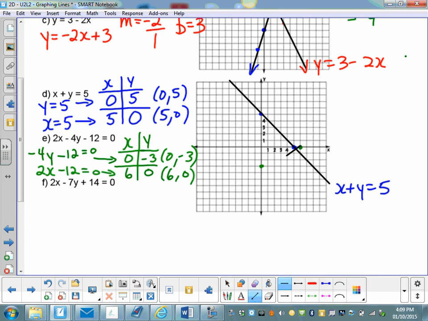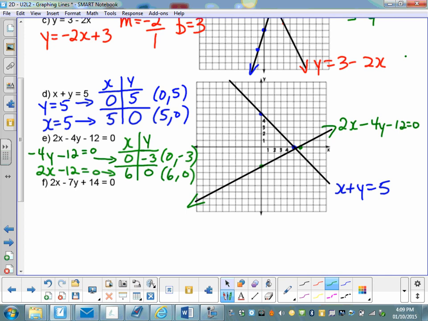And then we'll draw our line through those. Just extend that line. And so that equation is the line 2x minus 4y minus 12 equals 0.